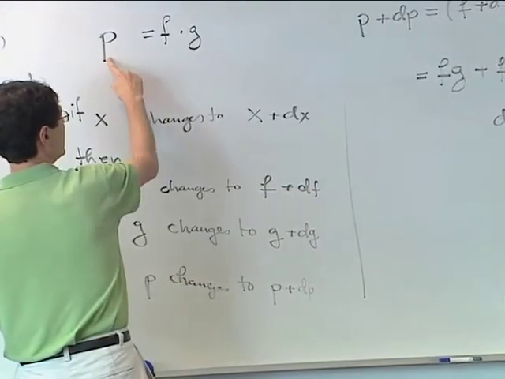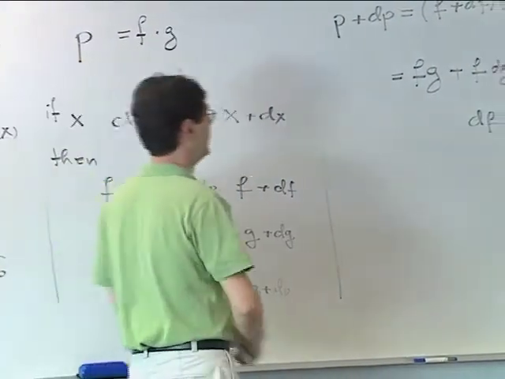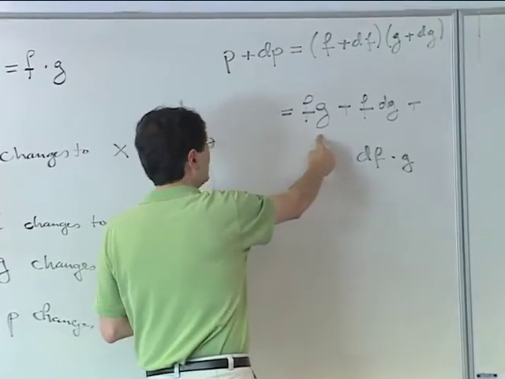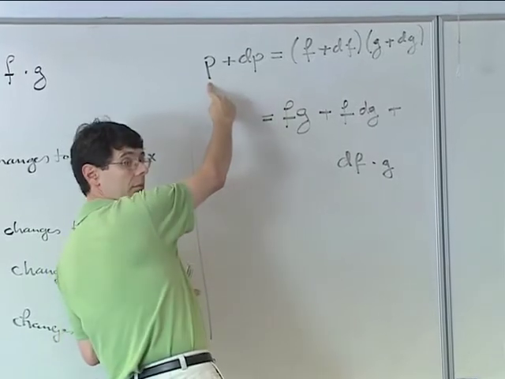Now, P was FG. So this guy here is P, and it cancels with the P on the other side.